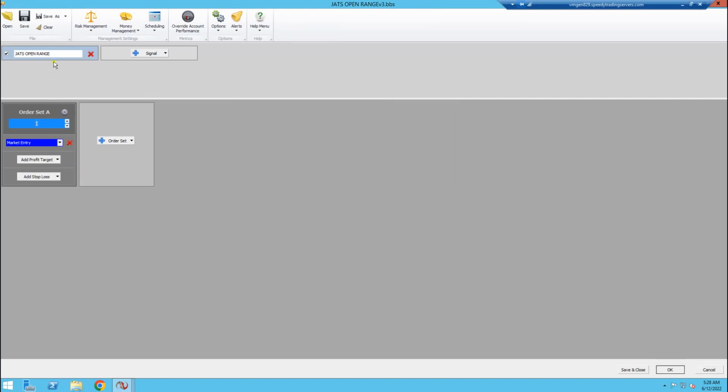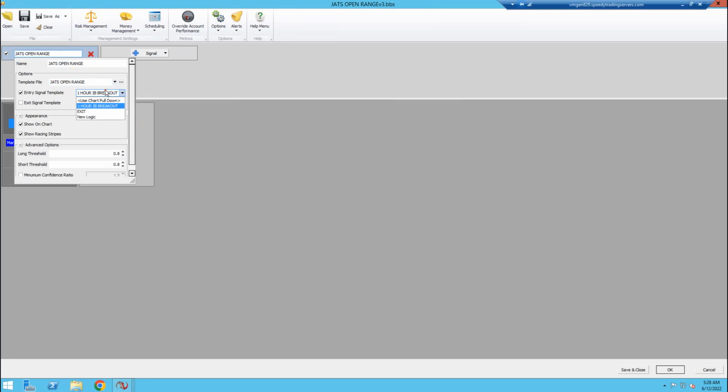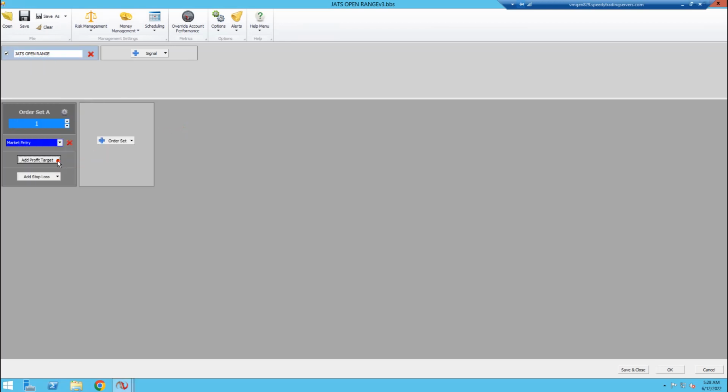So same opening range breakout. I'll take the exit off. We'll just do a one, either hit it or not.